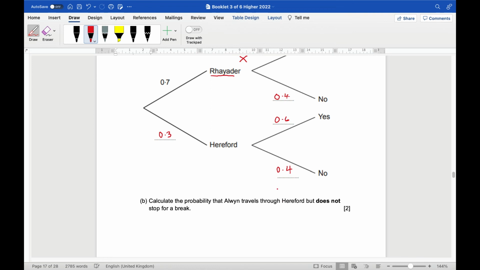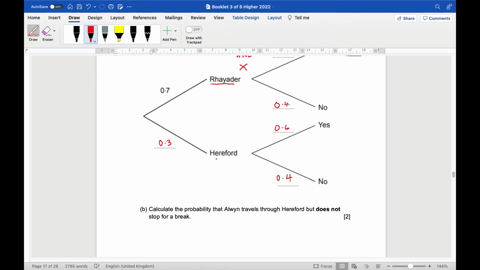They are interested in someone who travels through Hereford but does not stop for a break. Hereford but does not stop for a break. Into your calculator, or I'm sure you could do that one in your head. There we go.